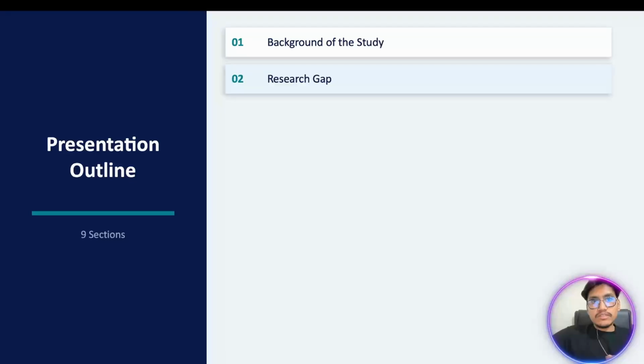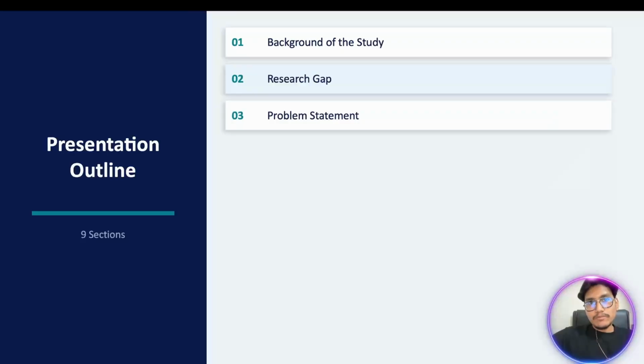Then we will talk about the research gap, where we look at what existing studies have done and what important piece they were all missing. Then the problem statement, which describes exactly what challenge this paper is trying to solve. Then the scope of the research, which defines the boundaries of what this study covers.